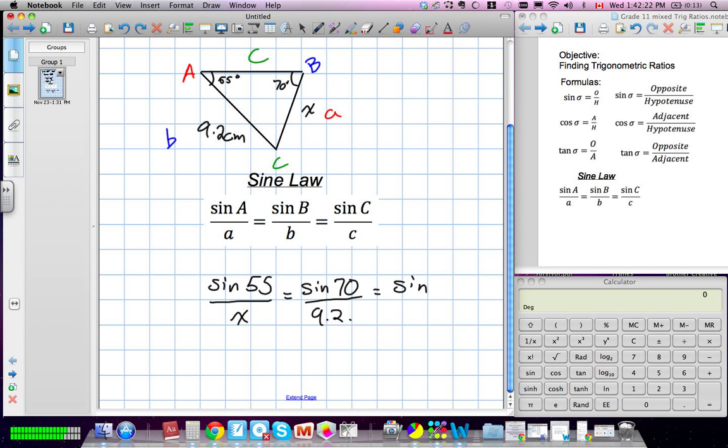That's right. If we add the angles together and subtract from 180, so we need 180 subtracted by 55 and 70. Is it 45? Our angle C is 45 degrees.